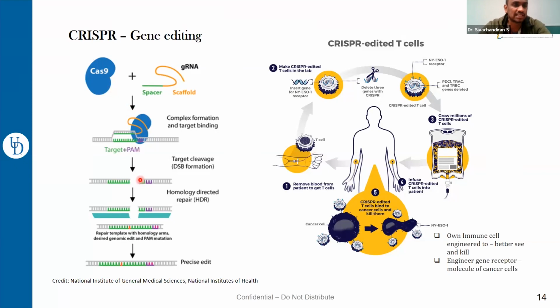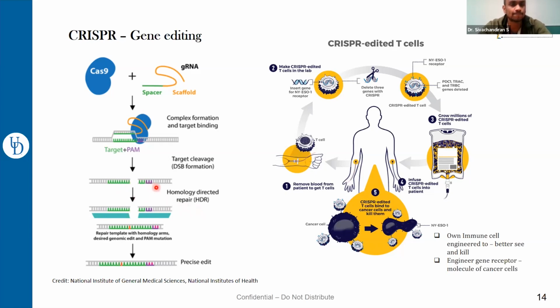Once it recruits the Cas9, this Cas9 has a function to cleave the double-stranded DNA. Once it gets cleaved, the DNA breaks, and our cell naturally has a DNA repair mechanism, but unfortunately it does non-homologous end joining.